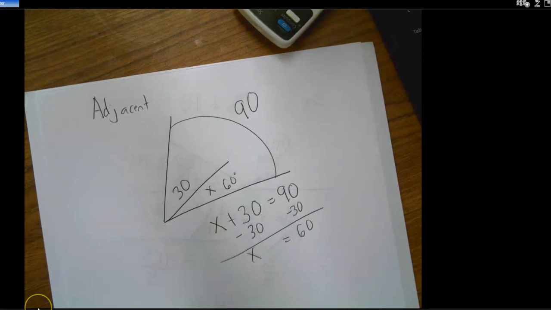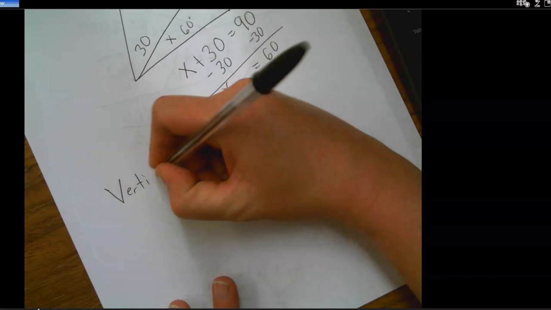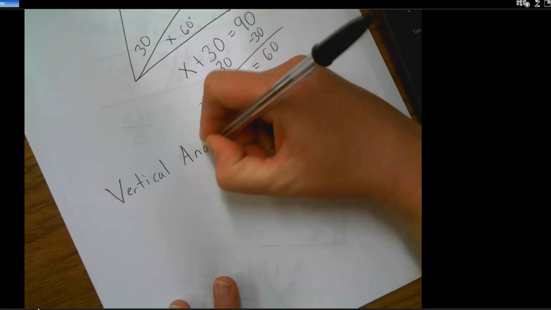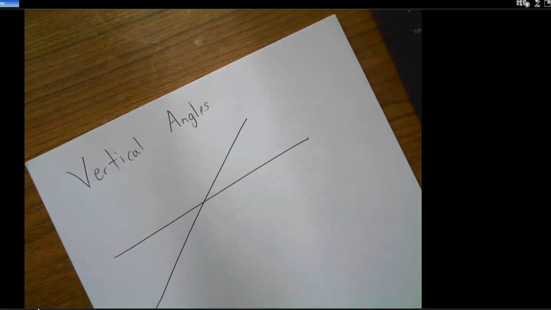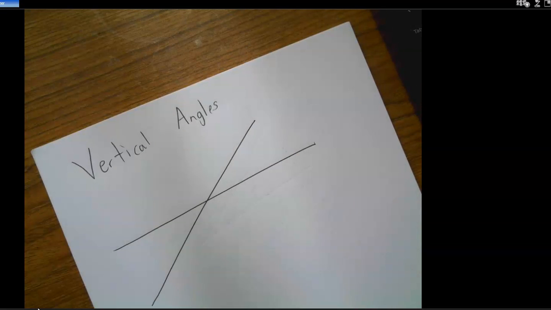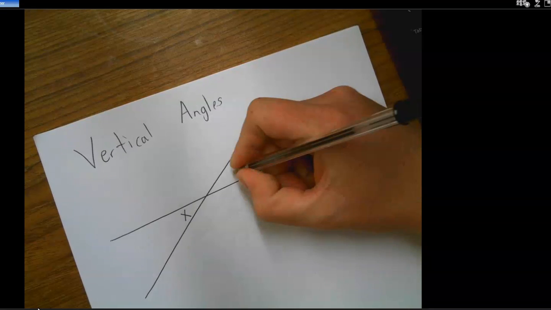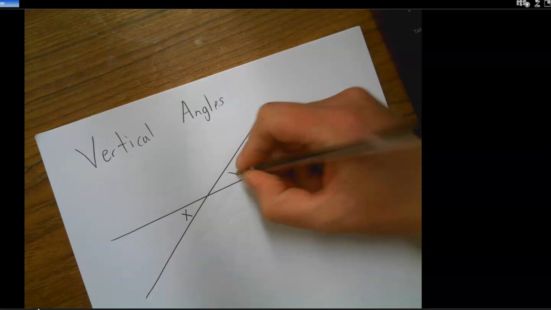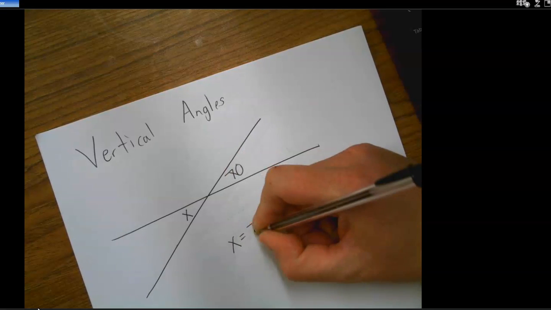My apologies. The last one is vertical. Vertical angles are my favorite. Be cautious with vertical angles because vertical angles are not the same as vertical lines. They're the same word, completely different. Vertical angles are across from each other. So if I said that this is x and this is 70, then I would know that x equals 70.